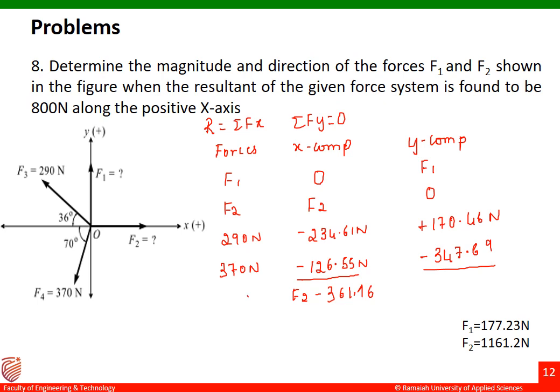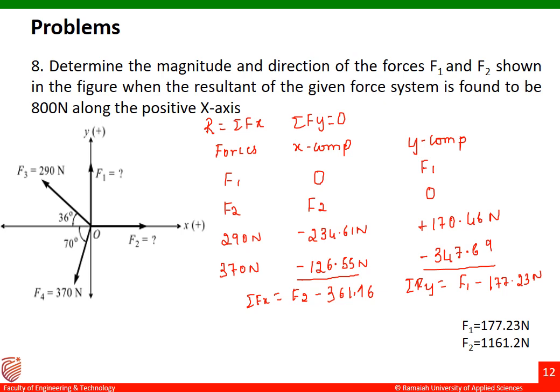So similarly, summation Fy is equal to F1 minus 177.23 Newton. Okay, so this is my summation Fx and summation Fy over there.